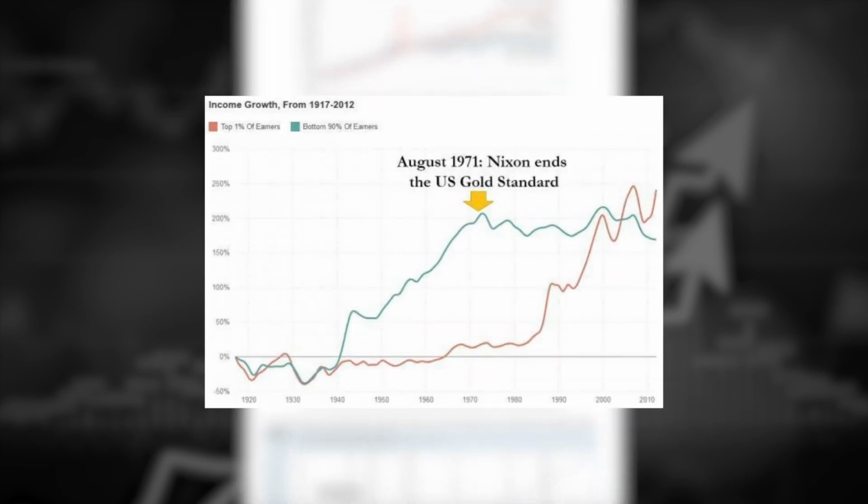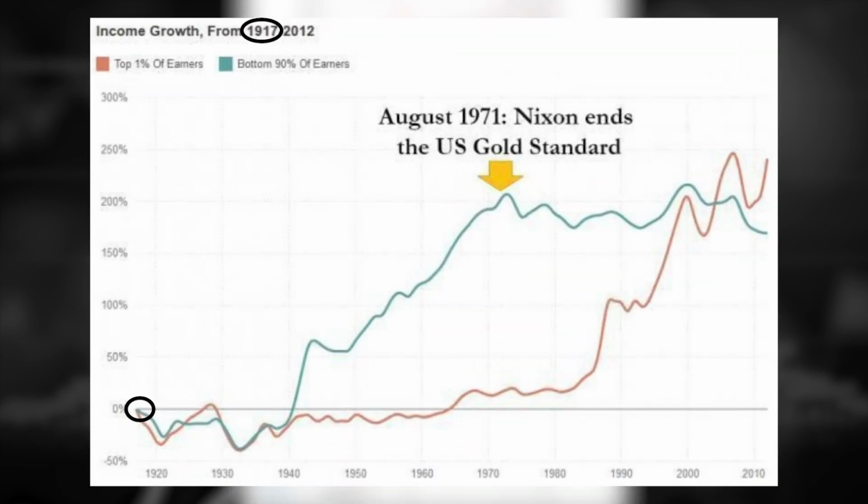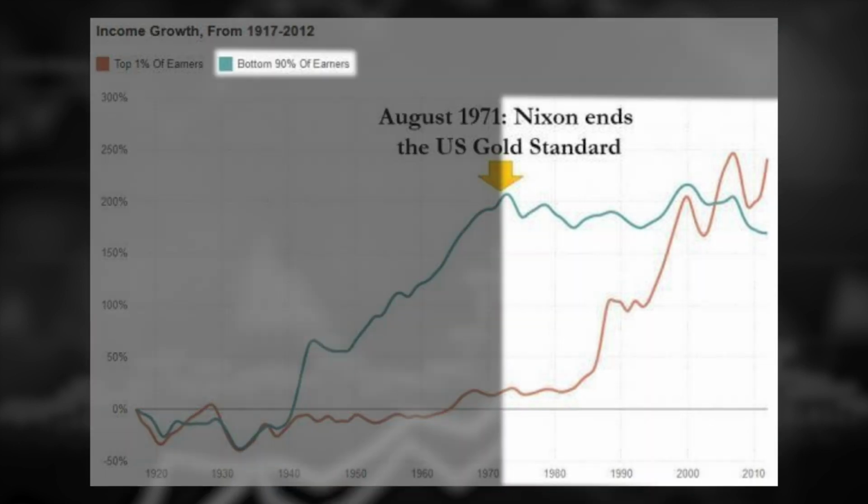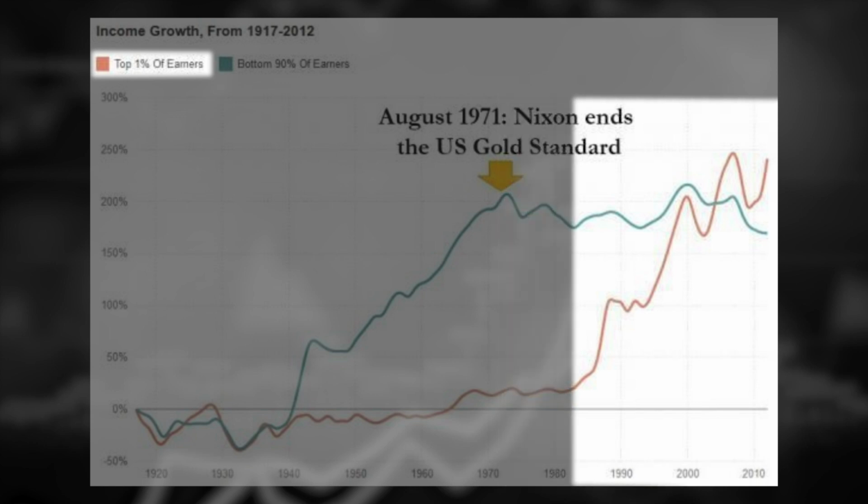Next is income growth from 1917 to 2012. And this really flatlines for the bottom 90% starting in 1971. But it really doesn't go up for the top 1% until the early 1980s. In my opinion, this is because you had 2 things converging.